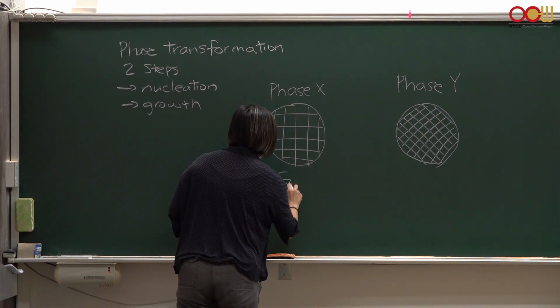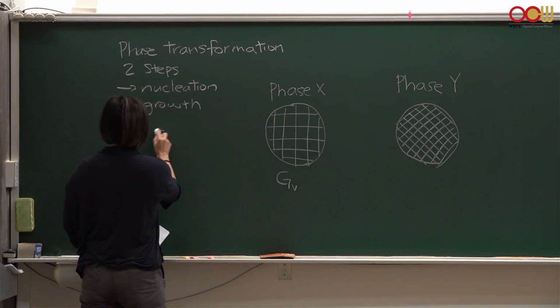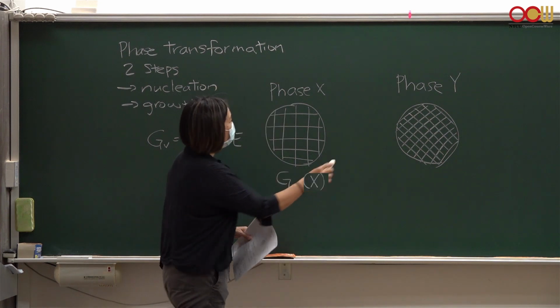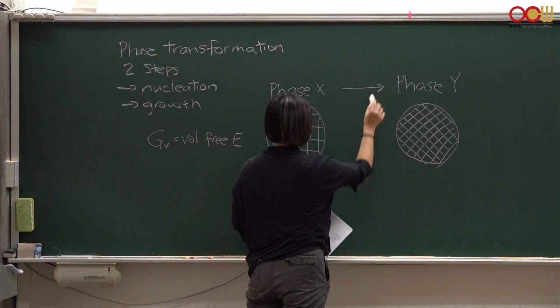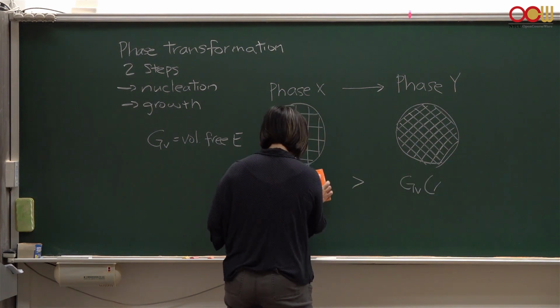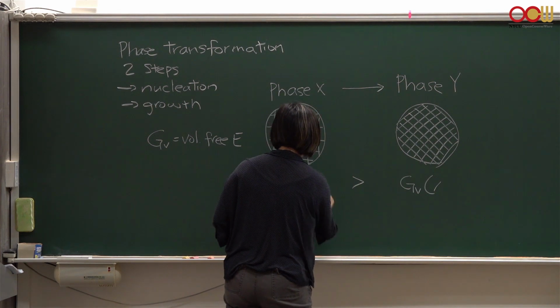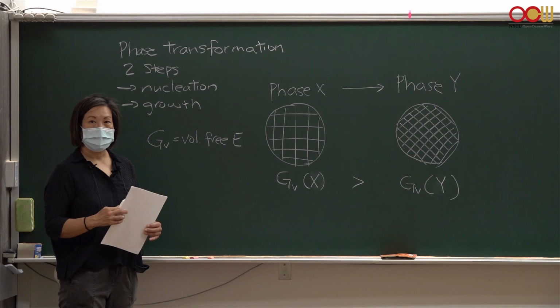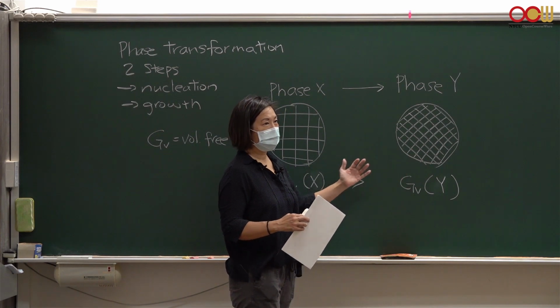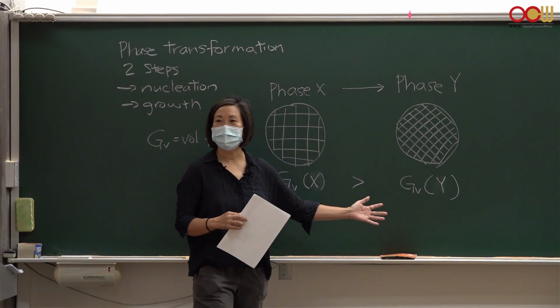So G_V is volumetric free energy. So if we were to have this phase change, that must mean that the volumetric free energy of X is bigger than that of Y. So there's no reason to change if it's not going to get to a lower free energy.